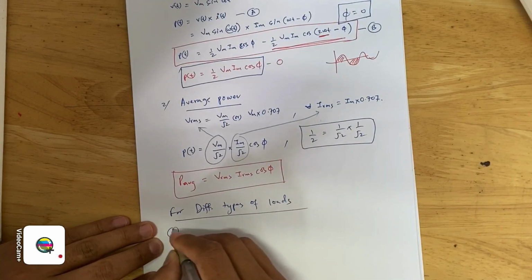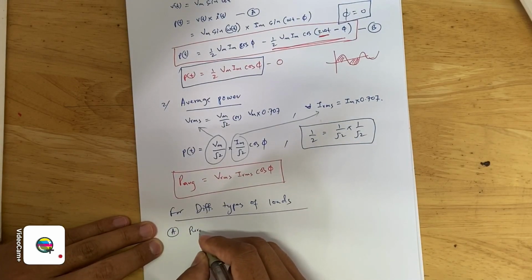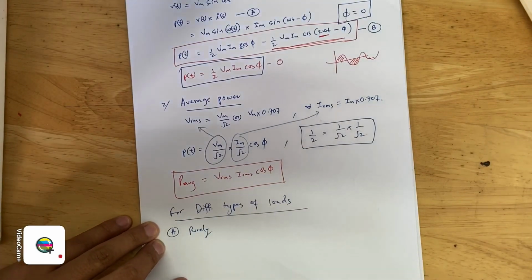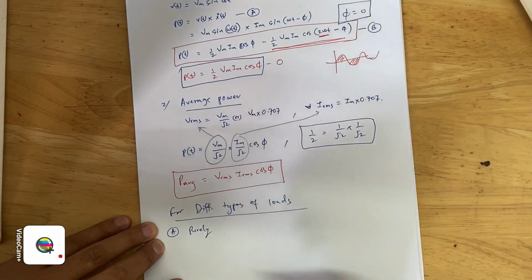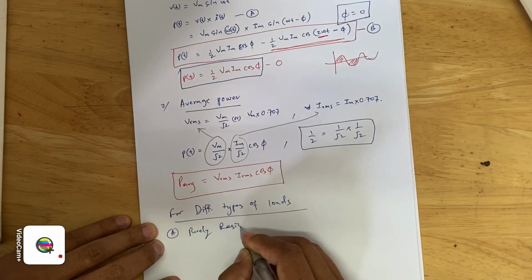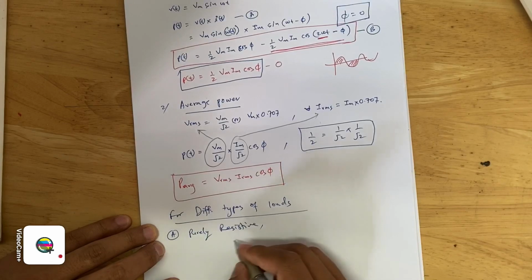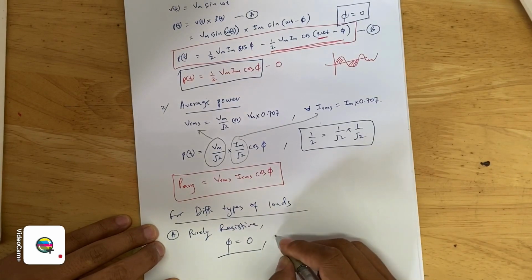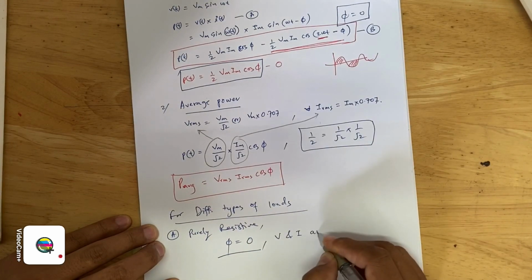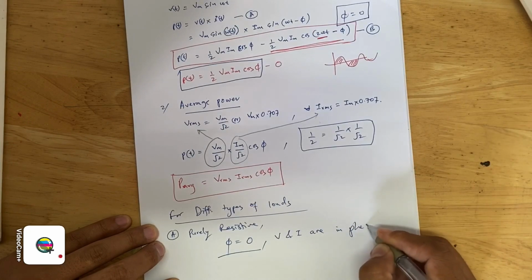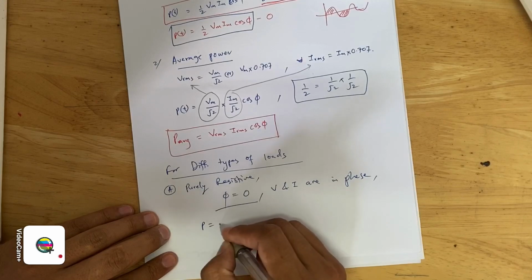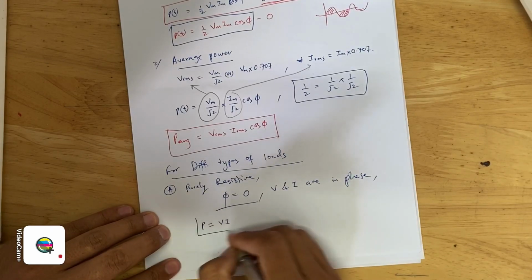First, if it's purely resistive, your phi will be equal to 0, which means your voltage and current are in phase, so your power P will be equal to VI.